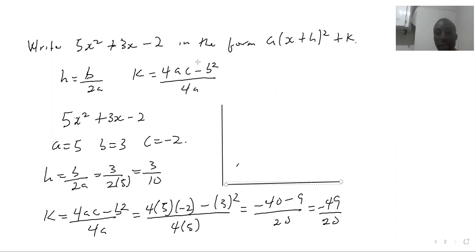A bracket x plus h squared plus k. So this is what I'm going to do here. I am going to write the formula, right? A bracket x plus h squared plus k.